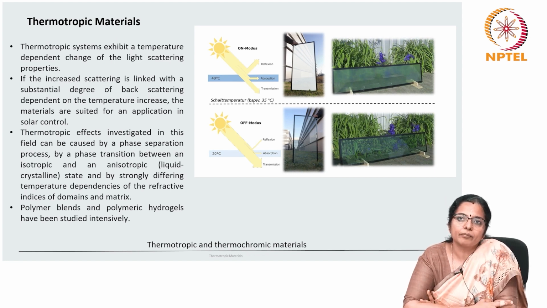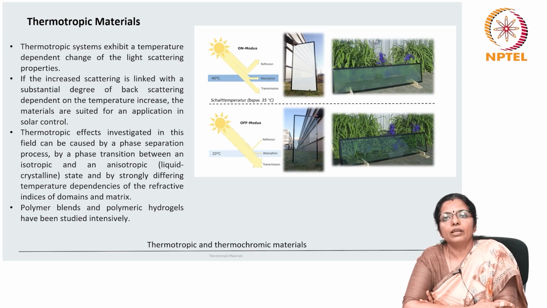Thermotropic system exhibits a temperature dependent change of the light scattering properties. If the increased scattering is linked with a substantial degree of backscattering dependent on the temperature increase, the materials are suited for an application in solar control.